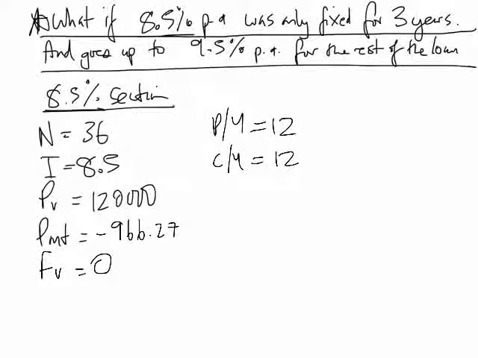But remember, you are breaking up this home loan into the first 3 years so that you know how much is owed after the 3 years, so you can then work out the remainder of the loan at 9.5% per annum. So you're actually solving for FV this time, because see how N has changed to 36. So if I put in N is 36 and solve for FV, after 3 years, instead of for the whole duration of the loan, FV is 115,251.12, to 2 decimal places.